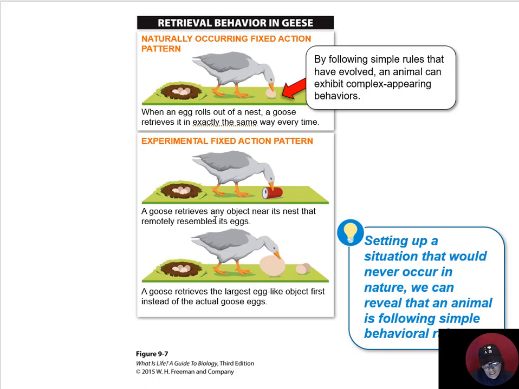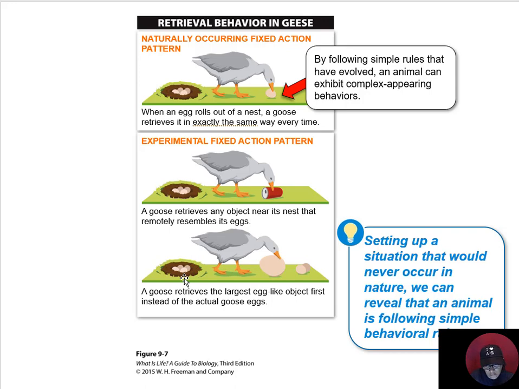It's actually a fixed action that she is exhibiting, and it doesn't have to do with maternal care. Anything that even closely resembles an egg, even though a tin can really doesn't, it's round, I suppose, sort of, she will still bring it into the nest. And it doesn't have anything to do with the emotions of the egg.